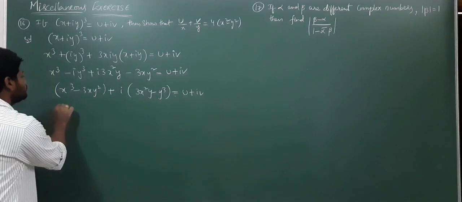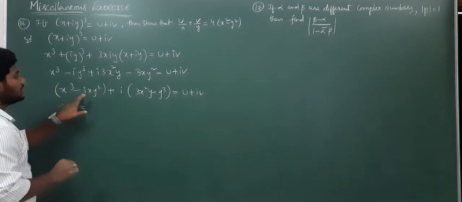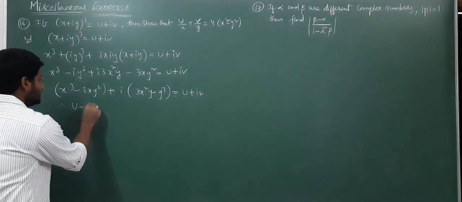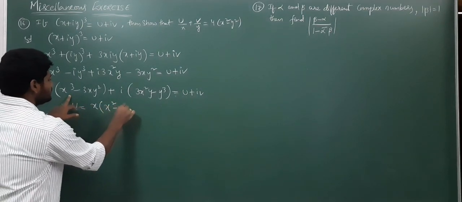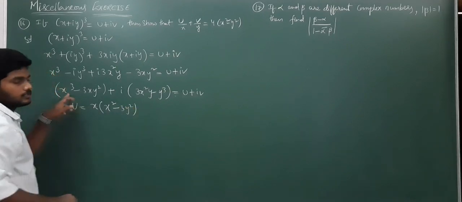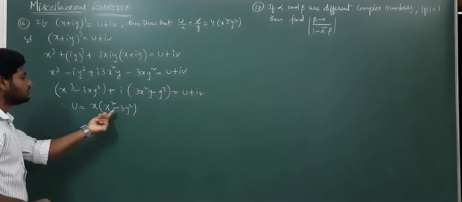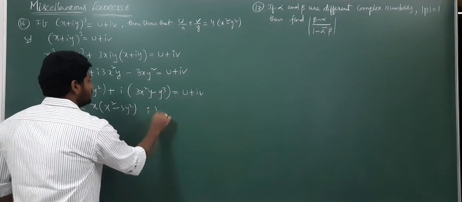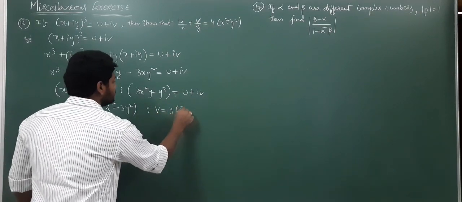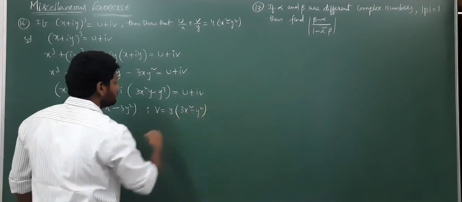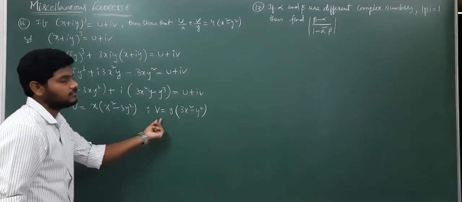Therefore u is equal to x cube minus 3xy square. If you take x common, we get x into (x square minus 3y square). And in v, if you take y common, what we get is y into (3x square minus y square). So this is the value of u, and this is the value of v.